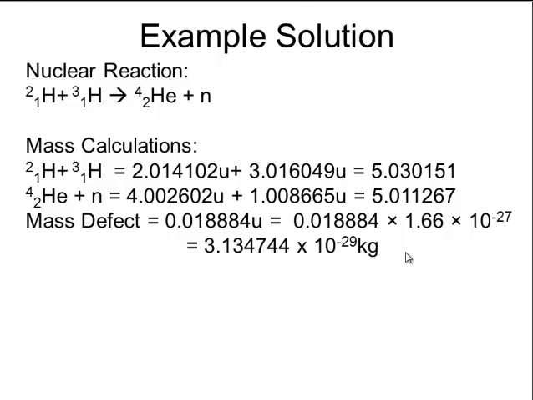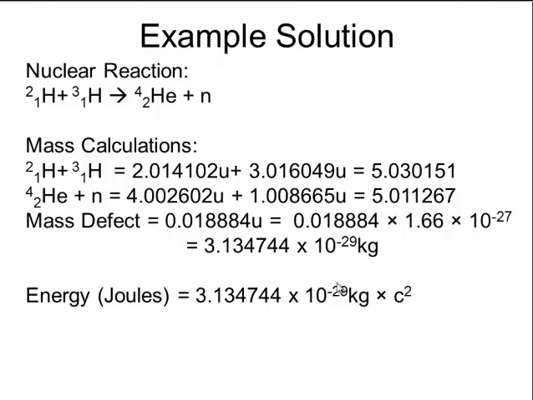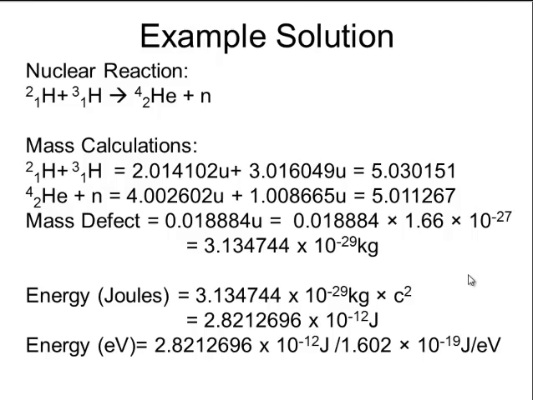Now that difference in mass is going to be released as energy, so I can do that by changing that into kilograms, and if I've got it into kilograms I can then convert that into joules, or I could consider it as electron volts, and then I've got 1.602 times 10 to the minus 19 joules per electron volt, and that gives me eventually 17.6 mega electron volts, or 2.8 times 10 to the minus 12 joules. But from the same route I've got two different answers which could be provided.